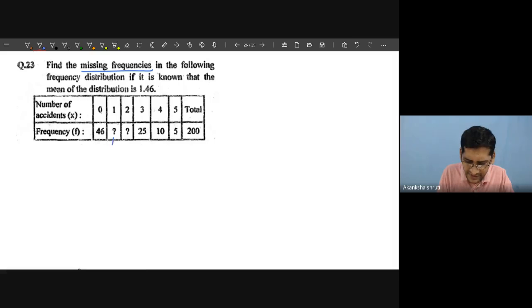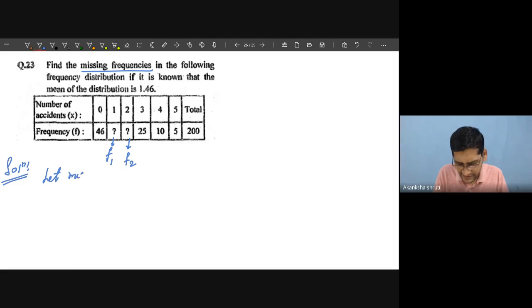Two frequencies are missing. We may consider this frequency as F1, this frequency as F2. I will give the hint. You people have to do this as homework. So let the missing frequencies be, you may write this as x and y or F1 and F2.